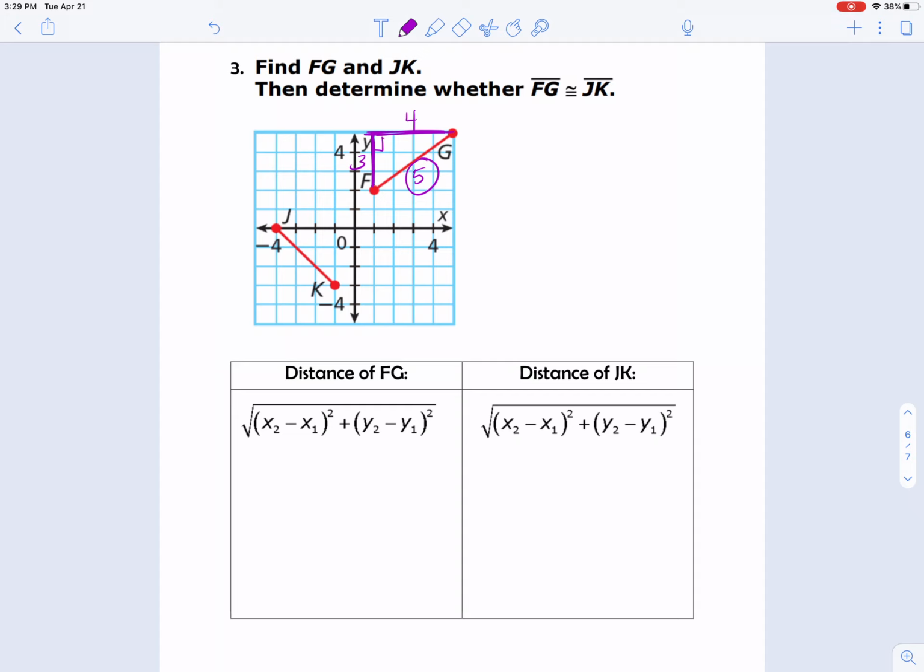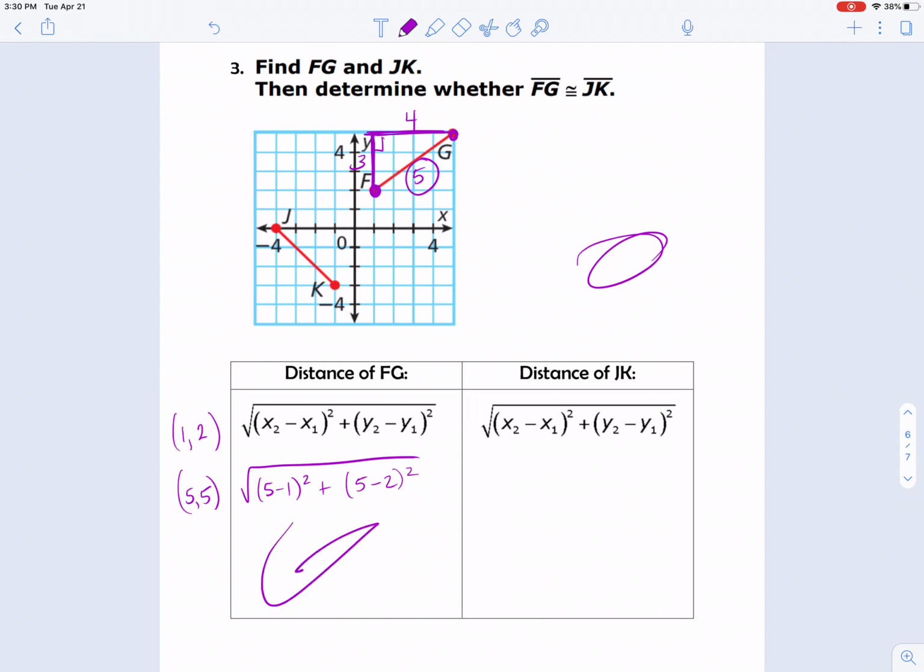Now, if I'm going to use the distance formula, I need to get the coordinates of F and the coordinates of G. The coordinates of F is 1, 2 over here. The coordinates of G is 5, 5. Okay, so under the square root symbol, I'll subtract the x's, so 5 minus 1 squared, plus I'm going to subtract the y's, 5 minus 2 squared, and then under the square root, my pen is being really bad.